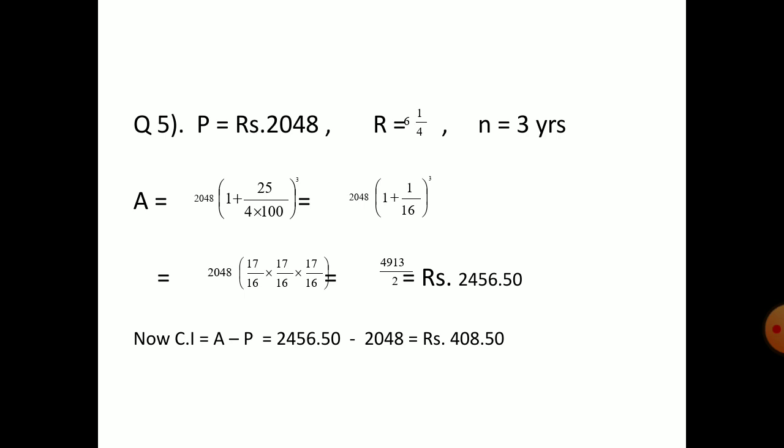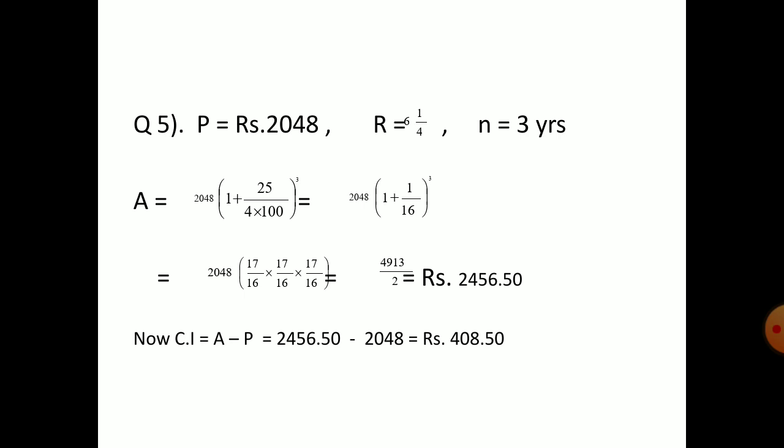So this becomes 2048 into 1 plus 6 and 1 by 4% becomes 25 by 4%. So we'll write it as 25 by 4 into 100 to the power 3. So on solving this, we know that 25 by 4 into 100 becomes 1 by 16. So this becomes 2048 into 1 plus 1 by 16 to the power 3.